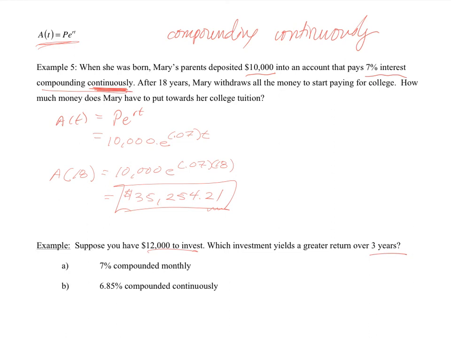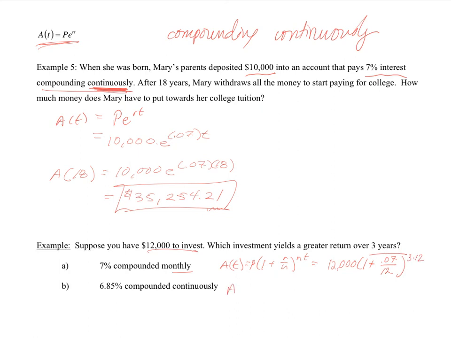If that $12,000 is compounded monthly, in which case we would use the formula, this one, which would be principal times 1 plus rate 0.07 over 12 monthly, and then 12 times 3.